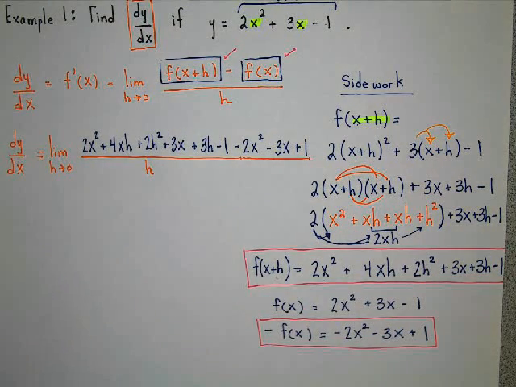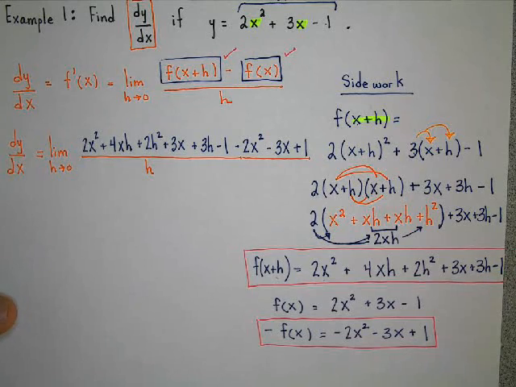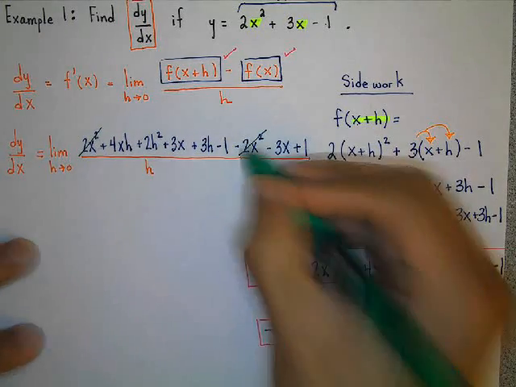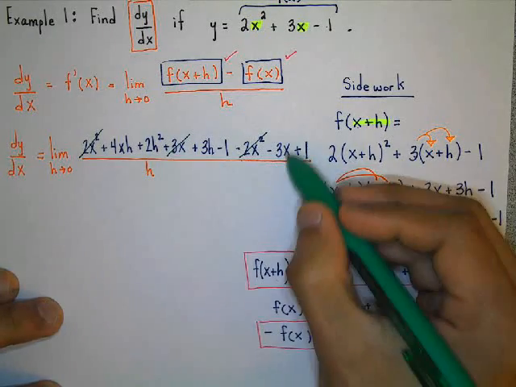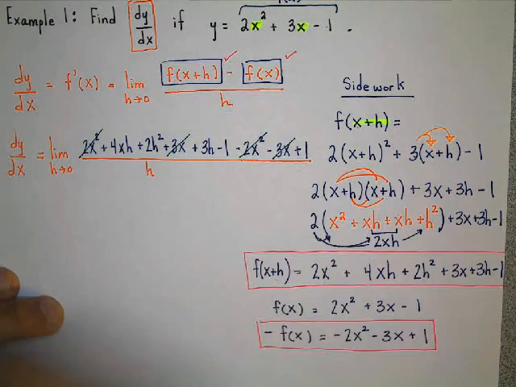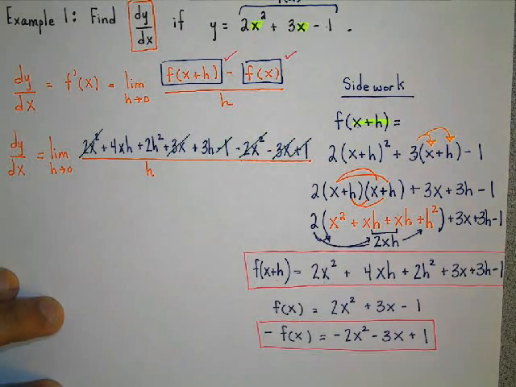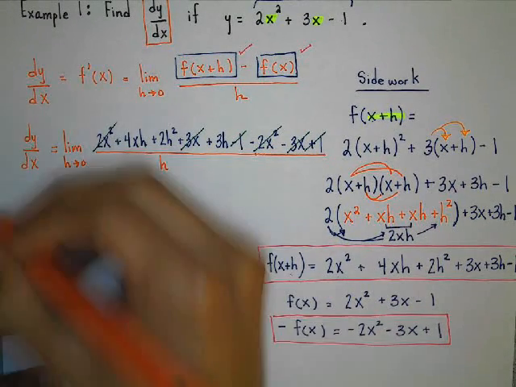Okay, so then all we have to do now is see if anything cancels here. And if you look very carefully, I see the 2x squared minus 2x squared cancels. I see a positive 3x and a negative 3x. And I even see a negative 1 and a positive 1 cancels out. And it looks like that's pretty much it that cancels out. So let's just write what's left over.